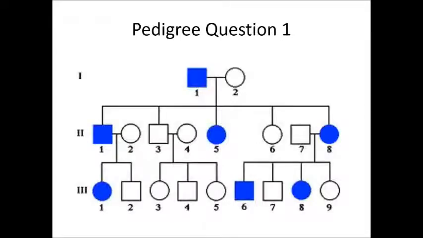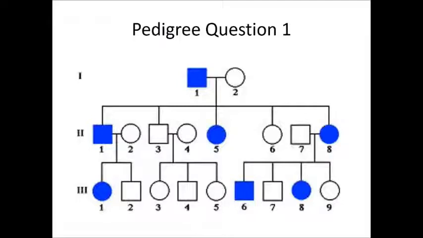Now we're going to look at a few pedigree charts, and we're going to try to determine the mode of inheritance of each one. I have two questions I want you to answer when you look at a pedigree chart. First of all, I want you to look to see if there are any carriers marked, or if the trait skips generations.